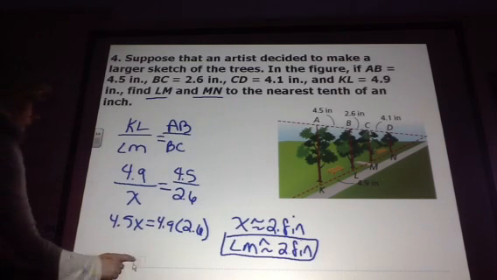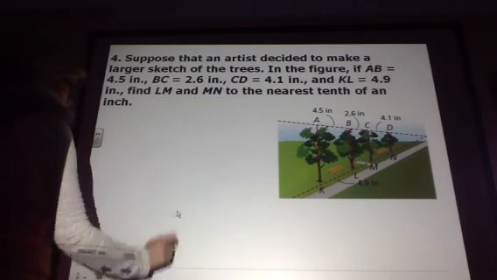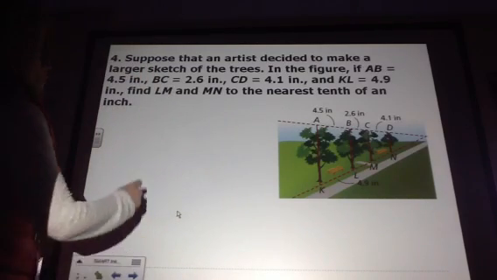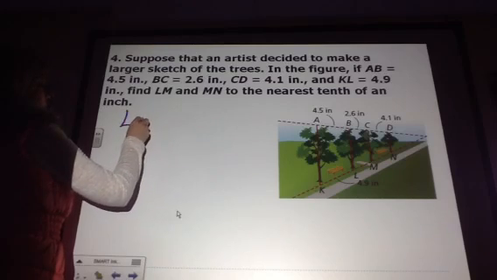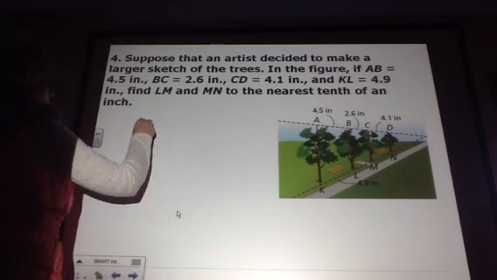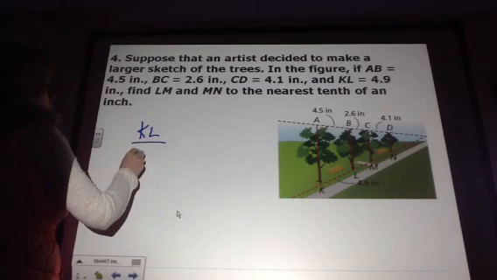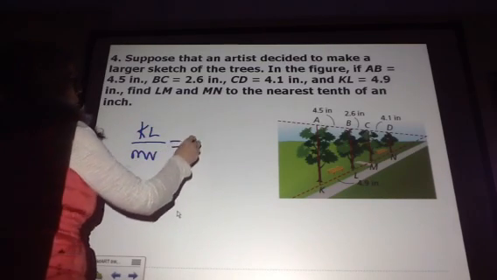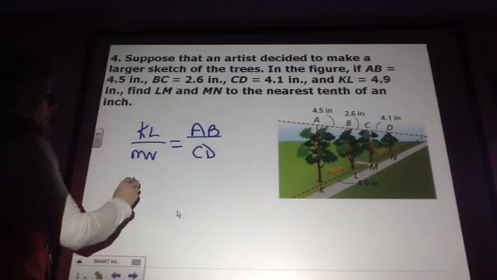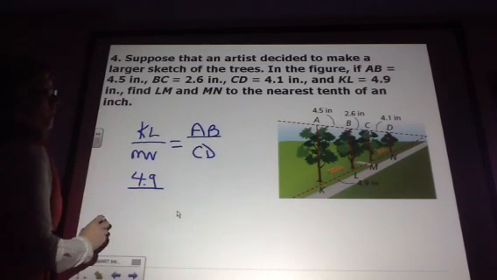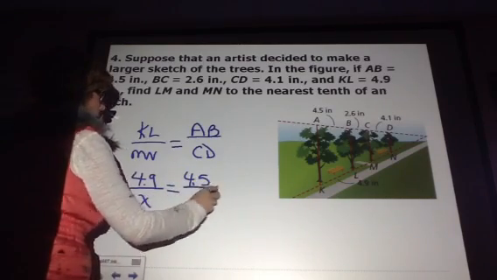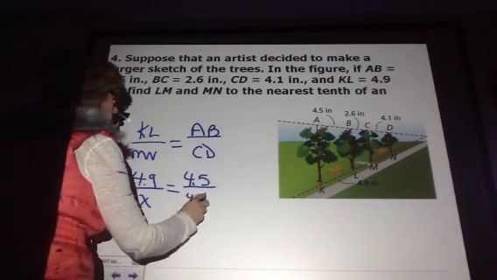Okay, now we've got to find MN. You can set it up many ways. I'm going to put KL over MN equal to AB over CD. So KL is 4.9, MN is what we're trying to solve for, AB is 4.5, CD is 4.1.